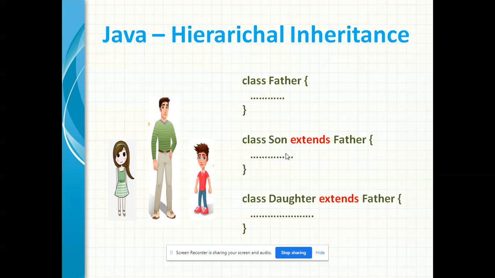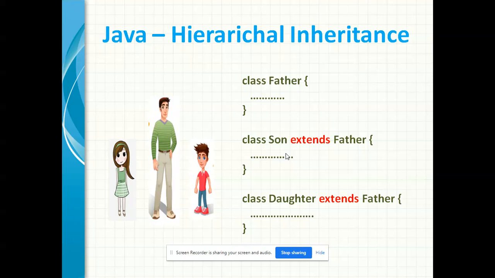The same scenario which I used in single inheritance and multi-level inheritance, the same scenario I'm using in hierarchical inheritance. So by seeing this PPT, you will be able to understand what is hierarchical inheritance and how to achieve it in Java.